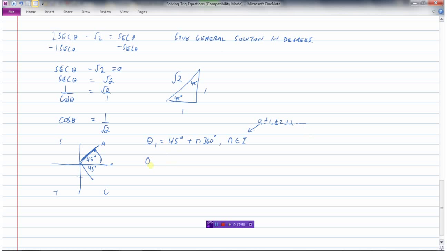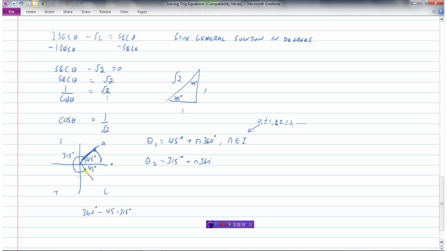My second angle, well, if I started here and went all the way around, this would be the same thing as going 360 degrees. 360 would be all the way around minus the 45. So that's 315 degrees. So my second angle is 315 degrees, again, plus any multiple of 360.